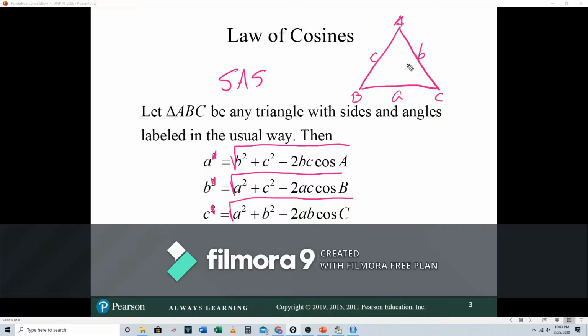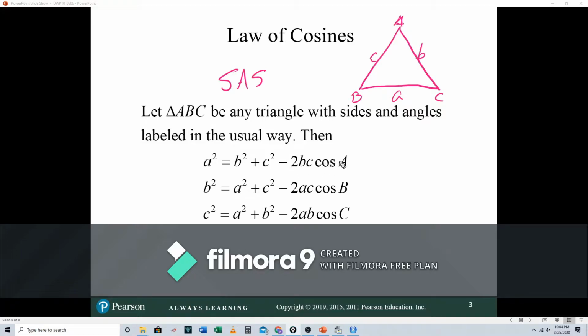Now, what if you have all three sides and you need a missing angle? What you're going to do is erase this, and just use these formulas and solve for cosine. So I'm going to isolate cosine first.